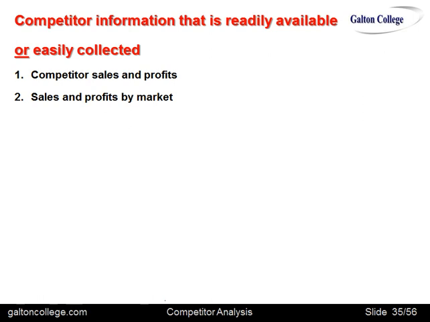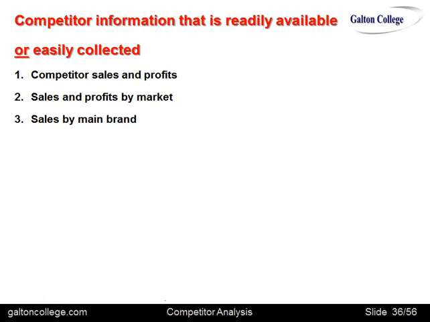It may be that we know what market the competitor is working in, so we know what the sales roughly will be in that market because the company is doing so well, or it appears to be doing so well, given its appearance and reputation in the marketplace.